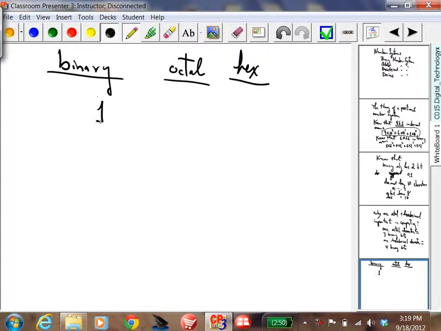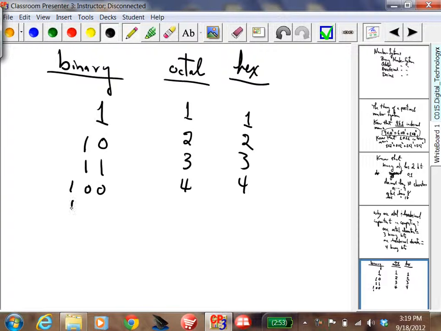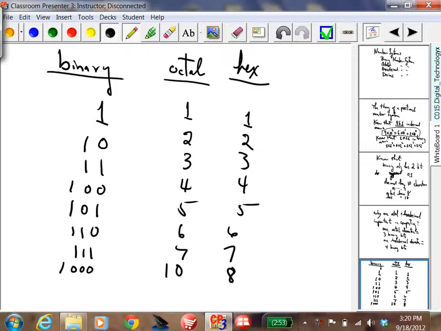So a binary 1 in octal is written 1. A binary 1 in hexadecimal is written 1. A 2 in binary is written 1, 0. In octal, that's 2. In hexadecimal, that's 2. 3, 4, 5, 6, 7, 8, 9.